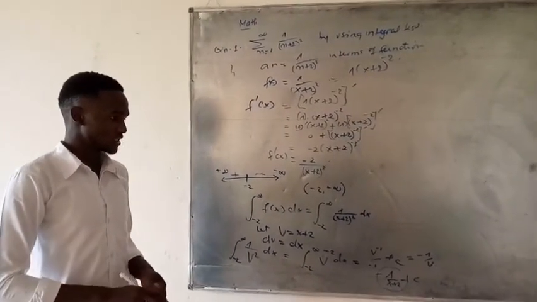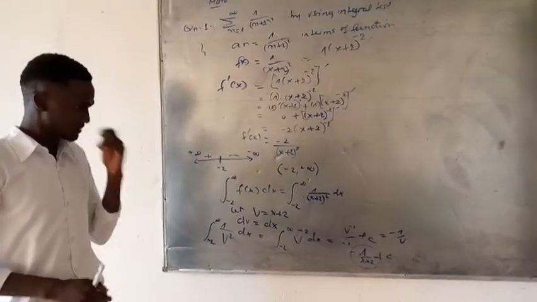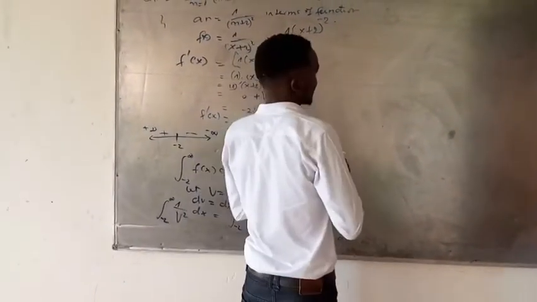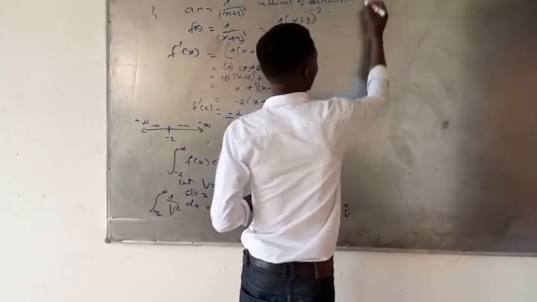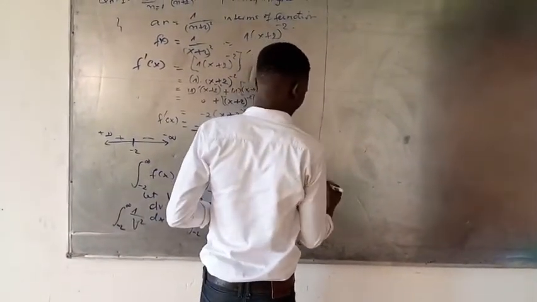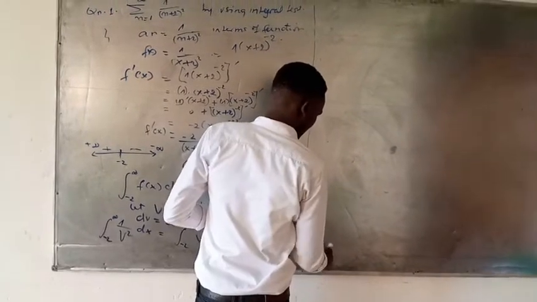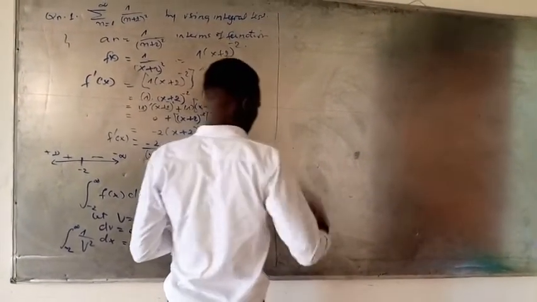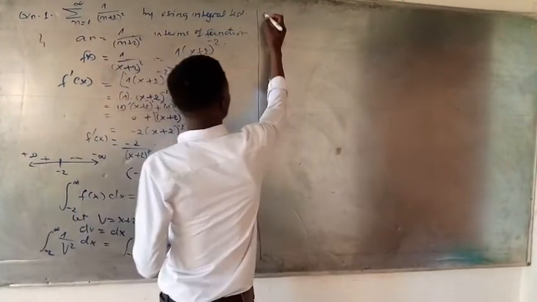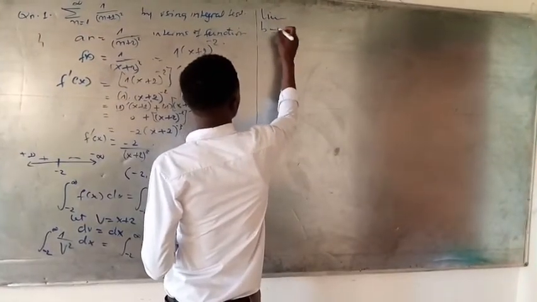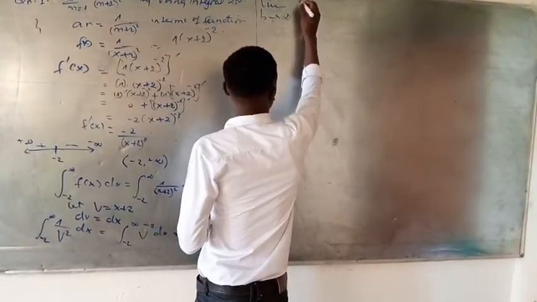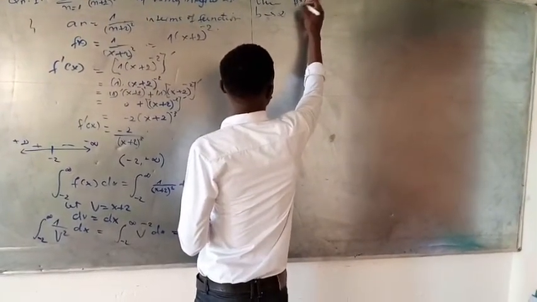After this, you will take the limit. Then compute the limit as b approaches infinity of the antiderivative.